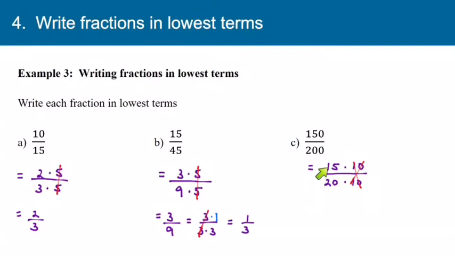They both can be divided by 5. So let's write 15 now as 3 times 5 and 20 as 4 times 5. And now I'll cross out the 5's because that is what is common to both the top and the bottom. And that leaves us with 3/4. And there we know we're finished because 3 and 4 do not share any common factors.